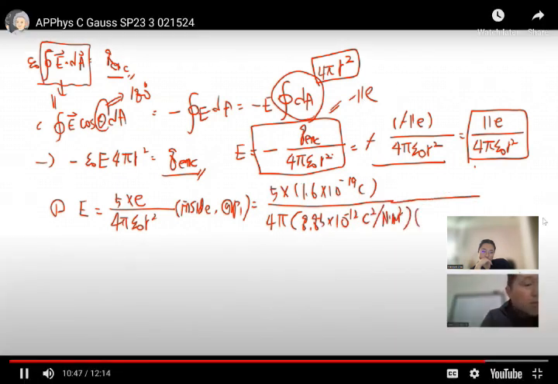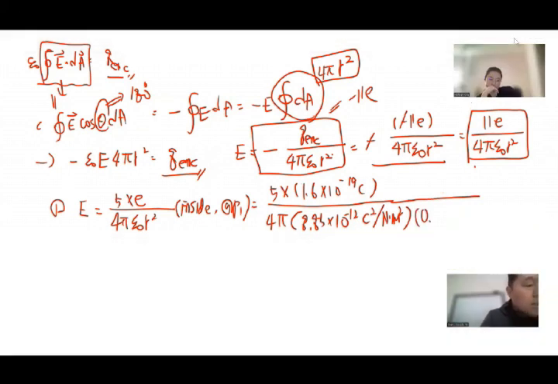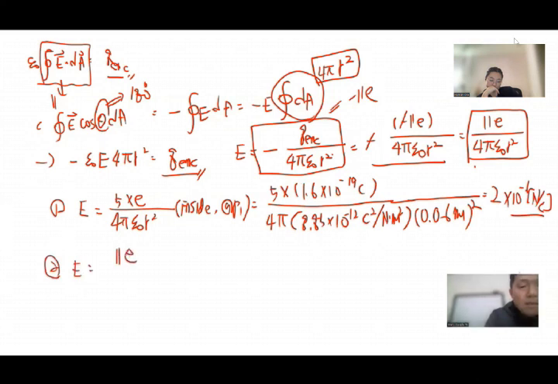And the radius of point P1 is 6 centimeters, 0.06 meter, squared. You plug them all in, then that leads to an electric field of 2 times 10 to the minus 6 newton per coulomb. And now, the second question: the electric field is 11e over 4 pi epsilon naught r squared.